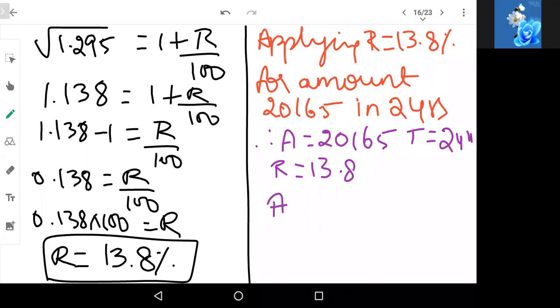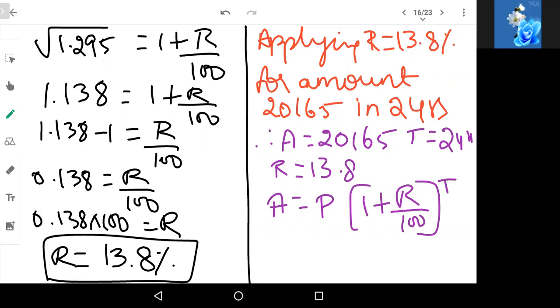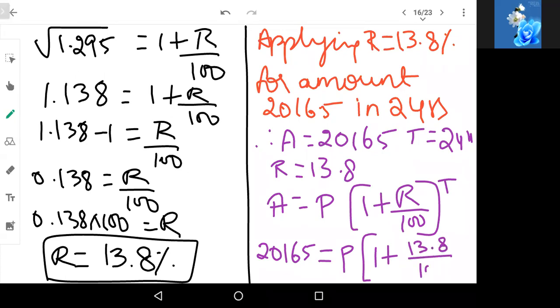So amount is equal to P into 1 plus R by 100 to the power T. 20,165 is equal to P into 1 plus R is 13.8 by 100 to the power T is 2 years.